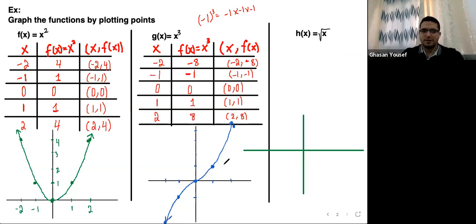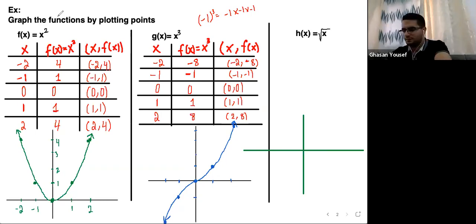So this is a close picture of the graph for the function f of x equal x cubed. Any question?